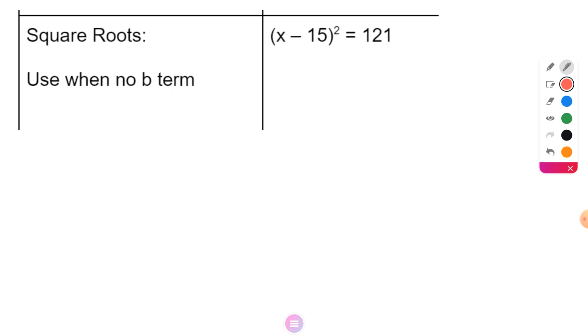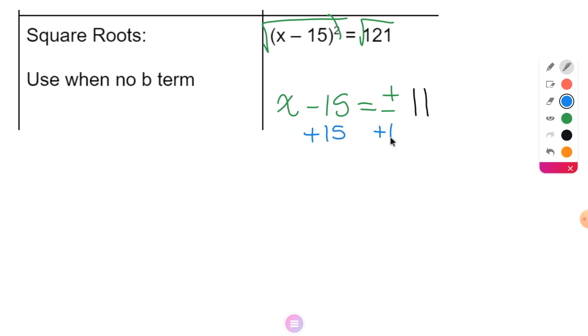So after factoring, square roots. All right, we can use this method when there is no B term. So it's just something squared. Awesome, I can take the square root right away. That cancels. X minus 15 equals plus or minus. And in this case, I know the square root of 121 is 11. It comes out nicely. Let's get x by itself. I'm going to add 15 to both sides. So now I've got x equals 15 plus or minus 11.